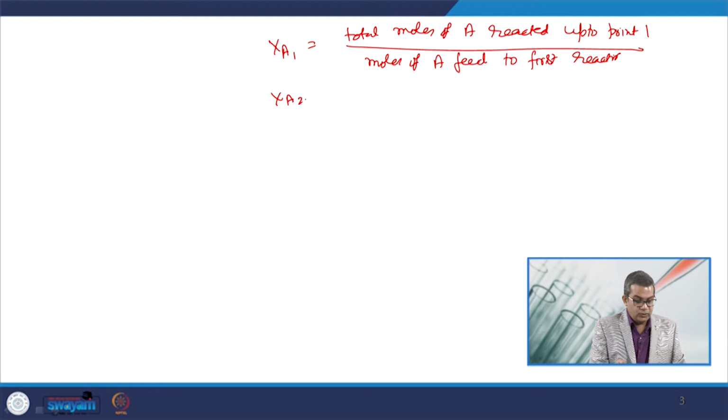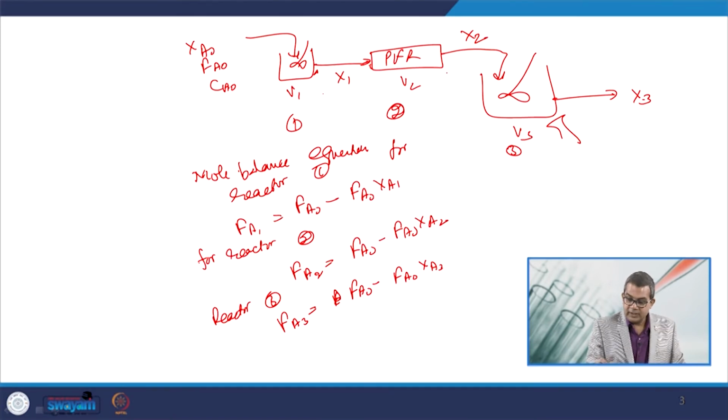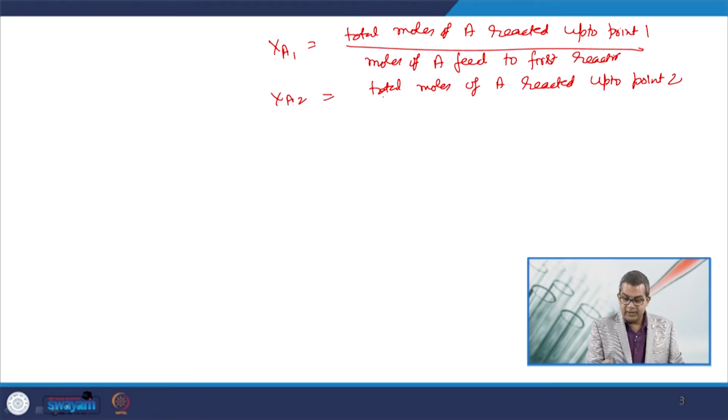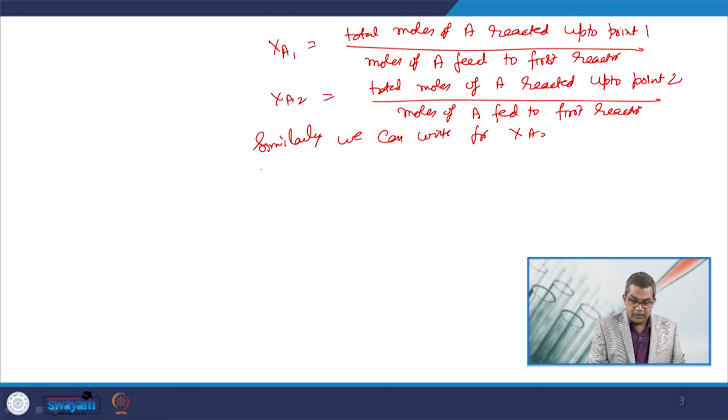Similarly, you can write X_A2, the total moles of A reacted up to point 2, that means up to here, divided by moles of A fed to the first reactor. Similarly, we can write for X_A3.